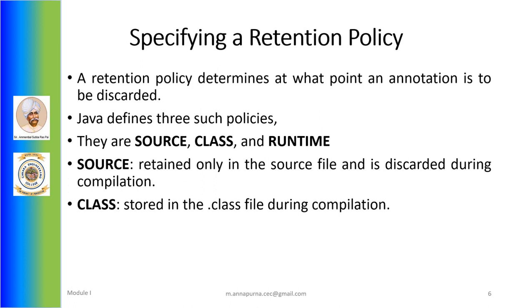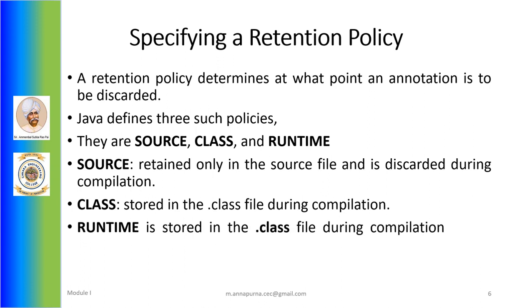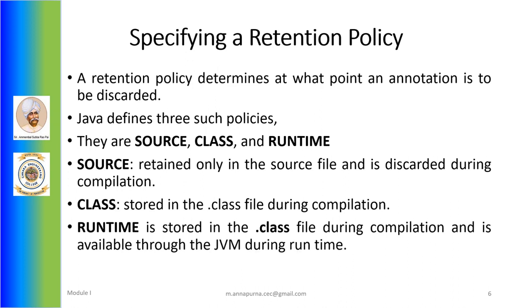However, it is not available through the JVM during runtime. The third retention policy is RUNTIME. An annotation with retention policy of RUNTIME is stored in the .class file during compilation and is available through the JVM during runtime. Thus, runtime retention offers the greatest annotation persistence.